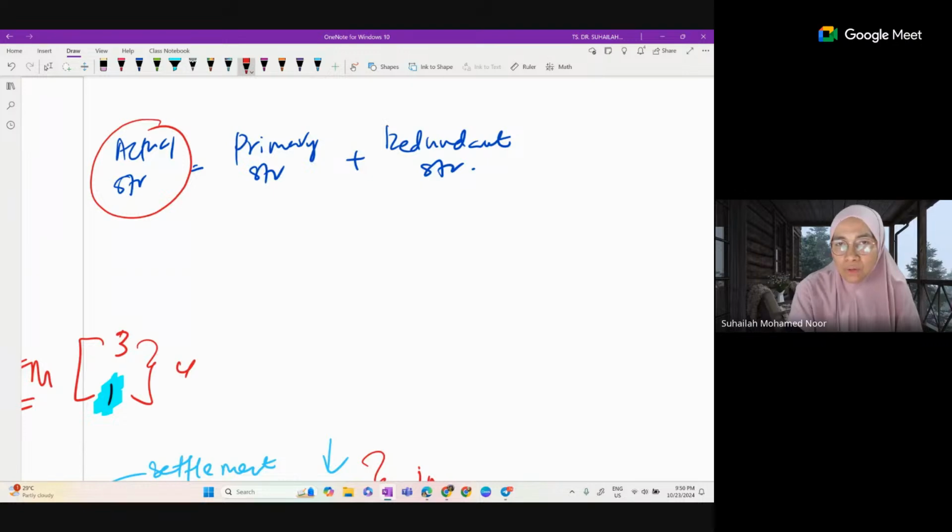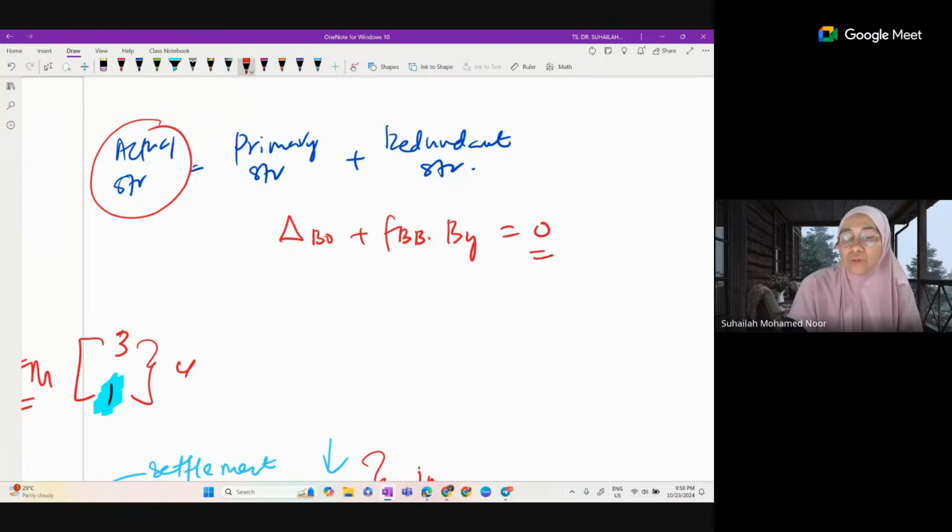Previously, when we don't have support settlement and we write the compatibility equation, it is like this: delta B naught plus F BB times B Y is equal to 0.